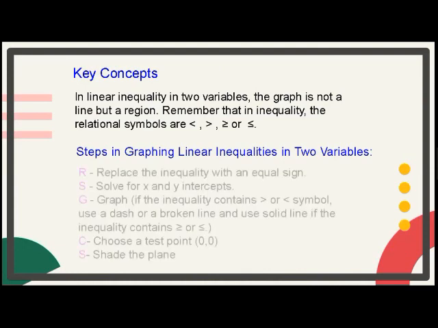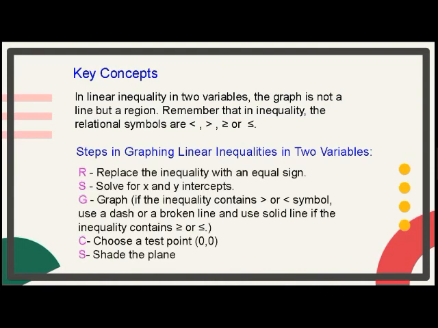Here are the steps. We have R, S, G, C, S. R to replace the inequality with an equal sign. S, solve for x and y-intercepts. G, graph. C, choose a test point. And S, shade the plane.